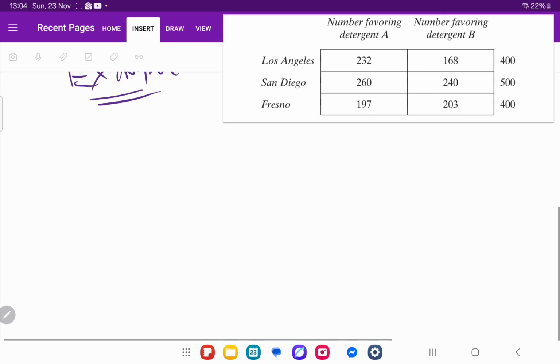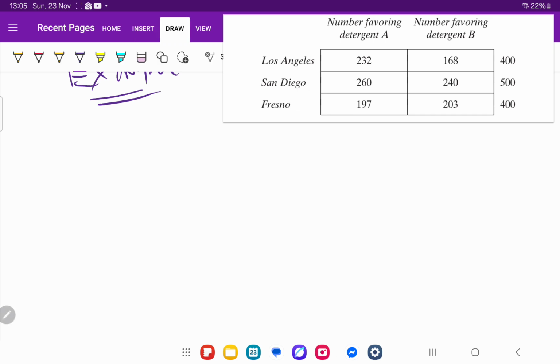Okay, so out of this table, first of all, we will calculate the values of E_ij. E_ij depends upon i and j, where the value of i is the number of cities: 1, 2, 3 cities, and the value of j is 1 and 2.